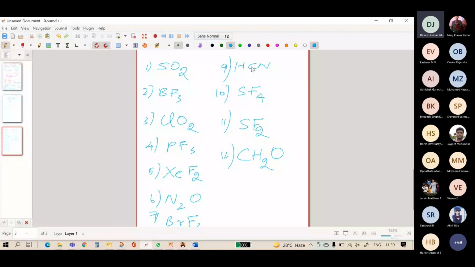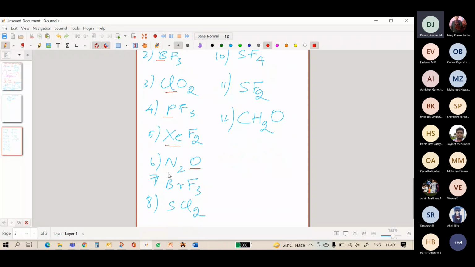Okay. In CH2O, so let me also underline the central atom in all this. Here it is sulfur, here it is boron, here it is chlorine. I think N2O is this one. I'm not 100% sure.